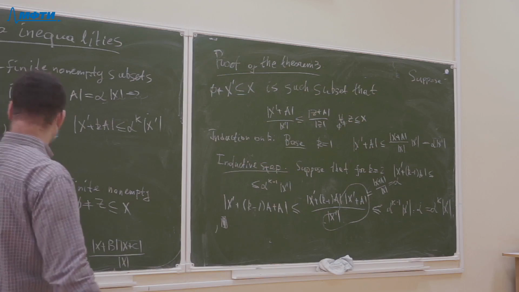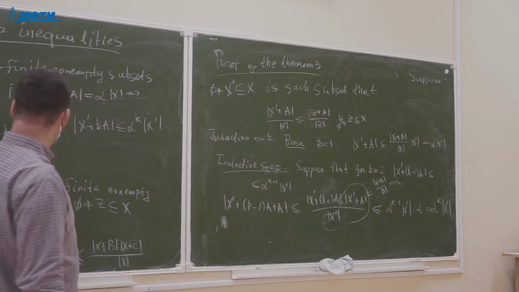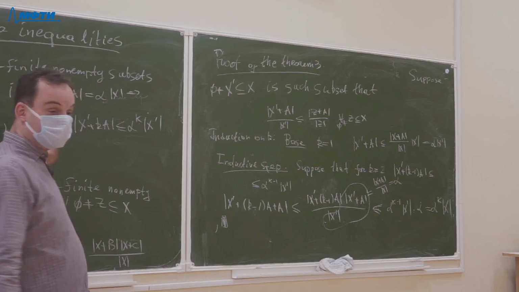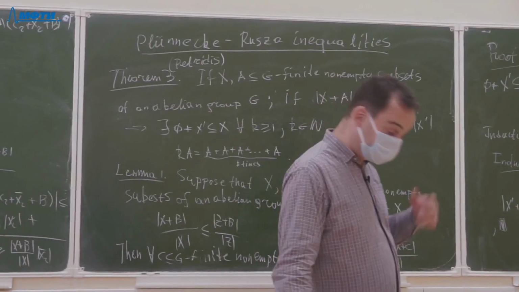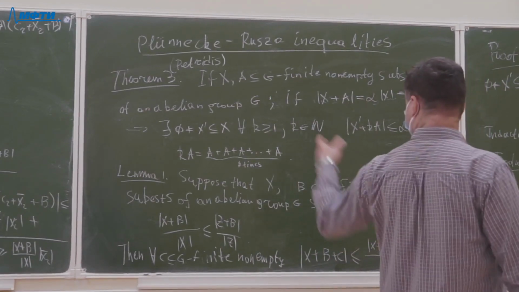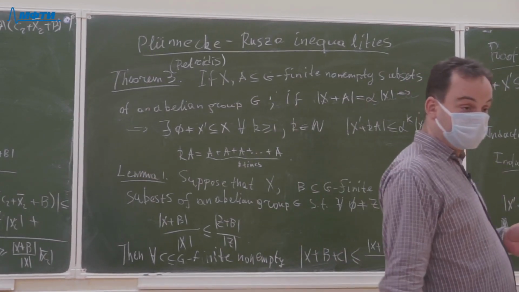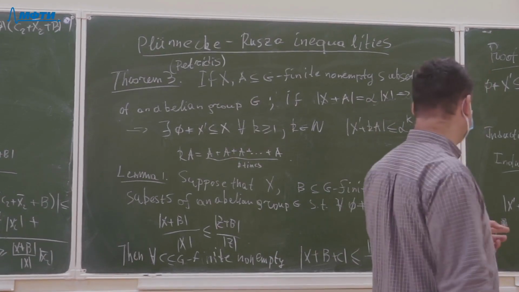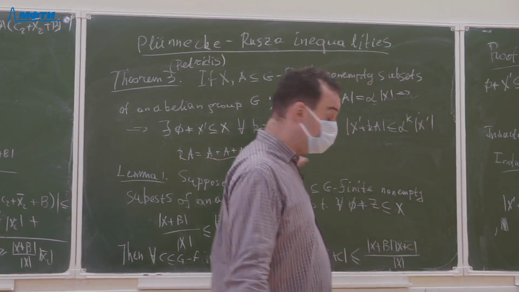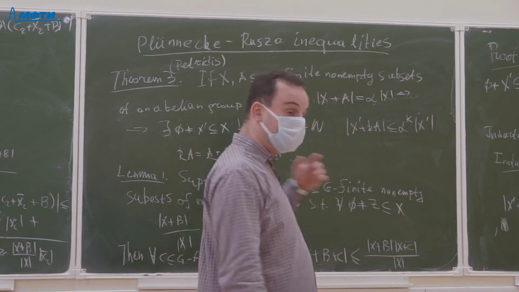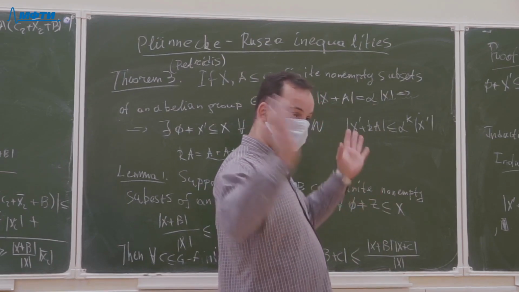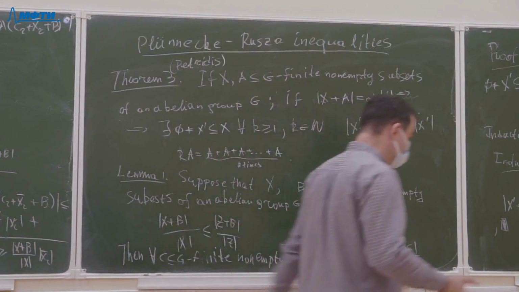But this will be a weaker version with non-universal x prime, which we cannot prove with the Plunnecke method, where this x prime is universal for any h and k. Okay, but I'll give you a second proof of this, and then I unite this proof onto different sets. Well, this is the program.